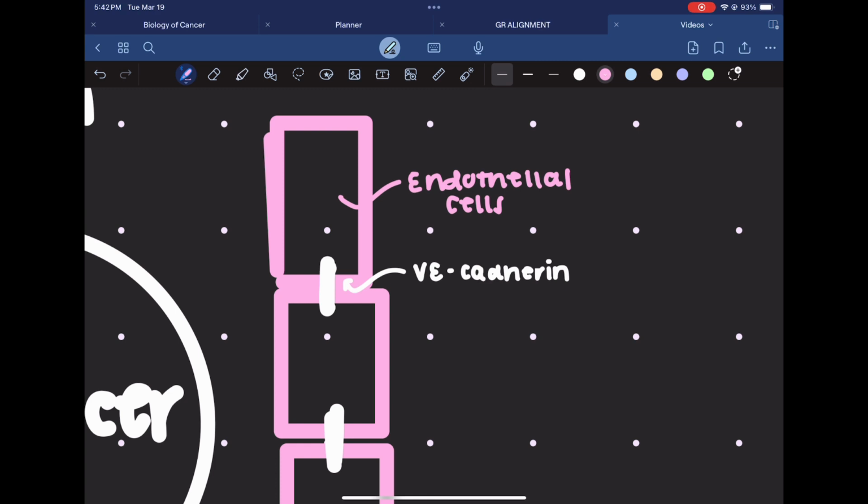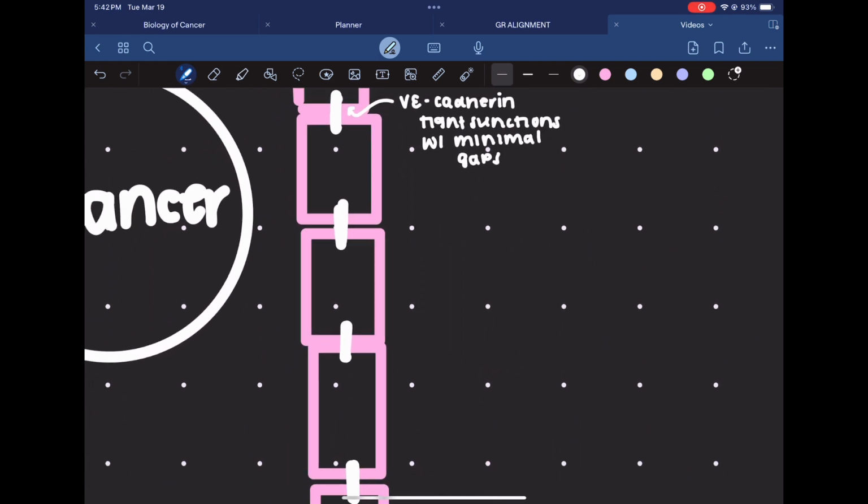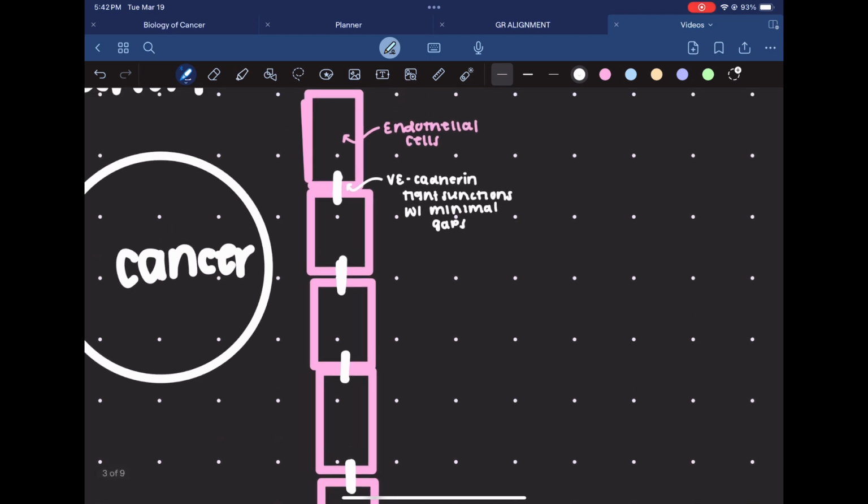Not epithelial, but endothelial. And it's important for keeping kind of tight junctions and connectivity between the endothelial cells with minimal gaps. And of course, cancer cells are going to want to create large gaps in between these endothelial cells.